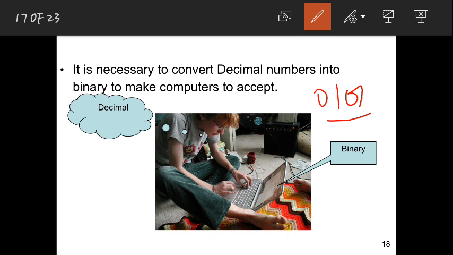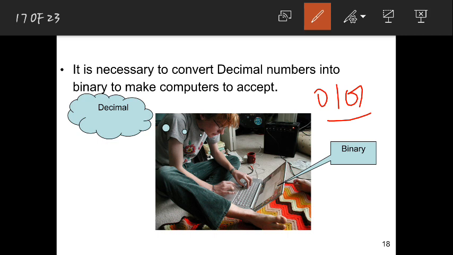Even if I am speaking in English or some other language, or my input is some music, take this voice, I'm just trying to explain this slide. While I'm explaining, my voice is the input, and that voice goes into the microphone of my device.